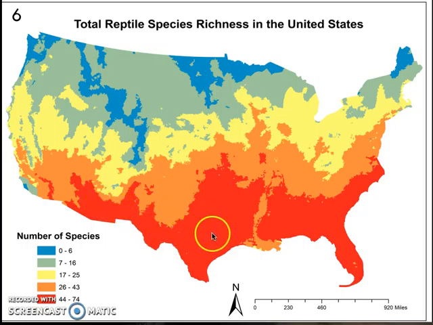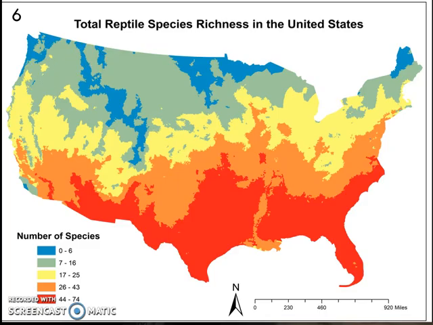Down towards these southern states, there are many more reptiles than there are in these northern states. And that likely has to do with the warmer climate here. So perhaps the reptiles need a warmer climate, whereas in these colder environments, they can't survive. So species richness definitely varies with location for things like climate or water source, and it depends on the type of species.